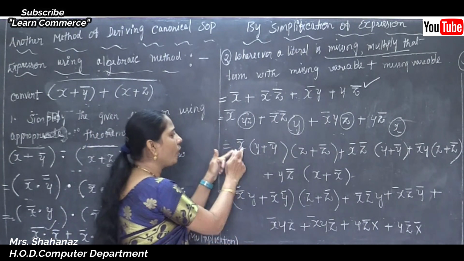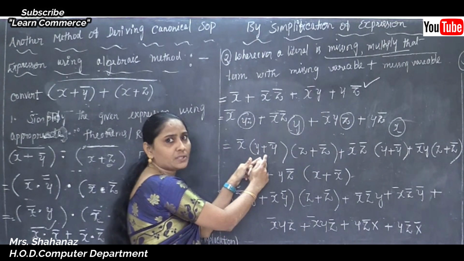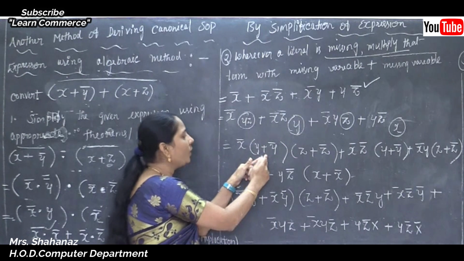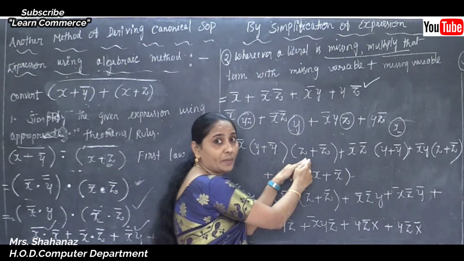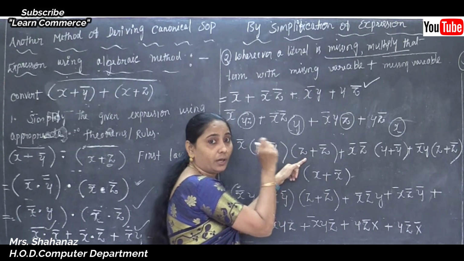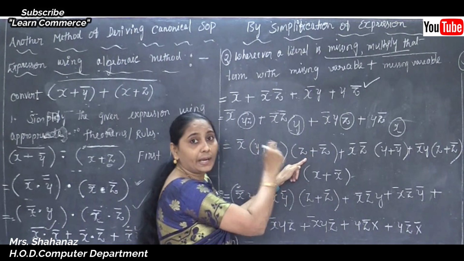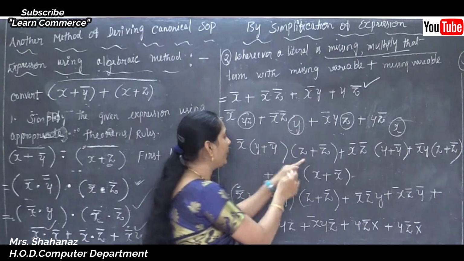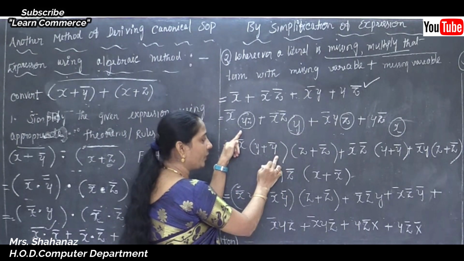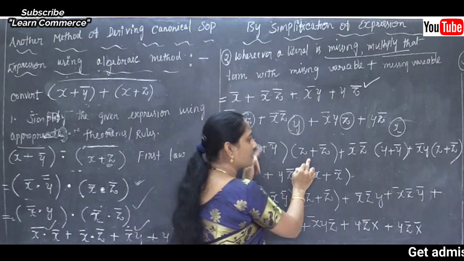So complement of x, we know, y plus complement of y, correct? Now this value is missing here. So y plus complement of y, and multiply, we need to make the multiplication dot here. So x and y and z, this is called the multiplication between the variables. So y plus complement of y and z plus complement of z.